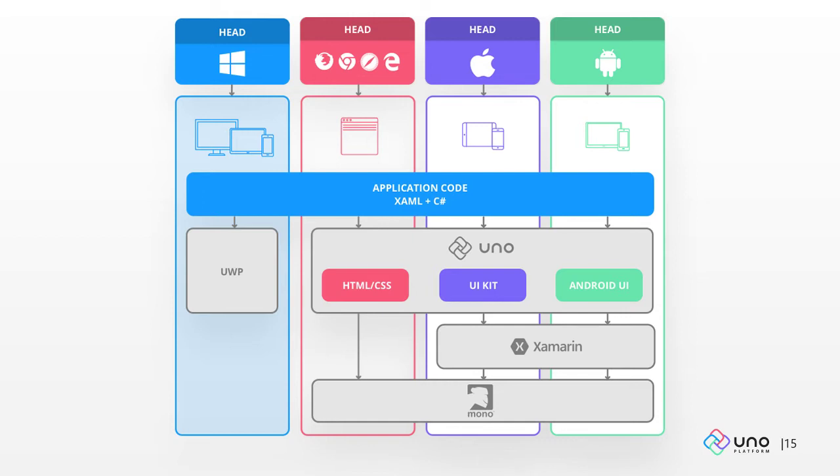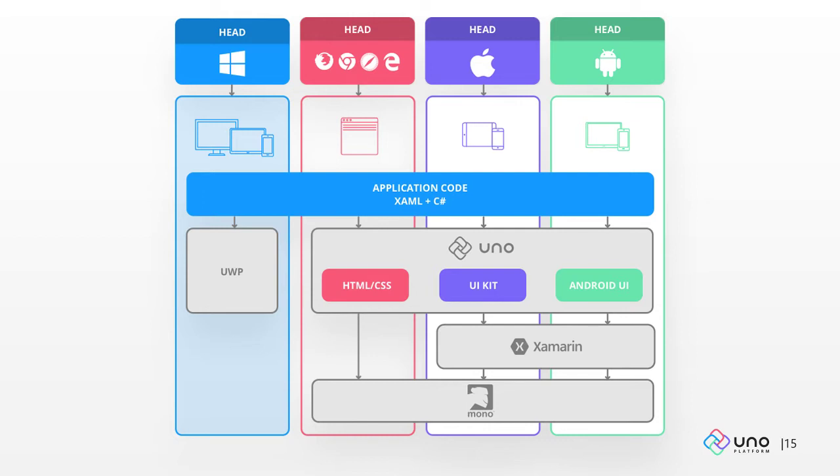In case of Android and iOS, there is UNO underneath, and it renders the controls using UIKit for iOS and Android UI for Android. And underneath UNO, there is Xamarin, and everything is running on Mono. Xamarin provides the native bindings for the platform-specific APIs.